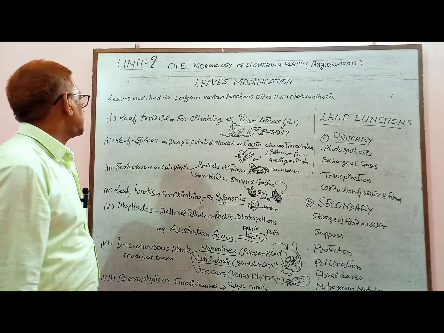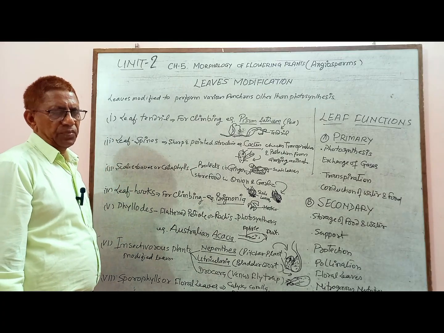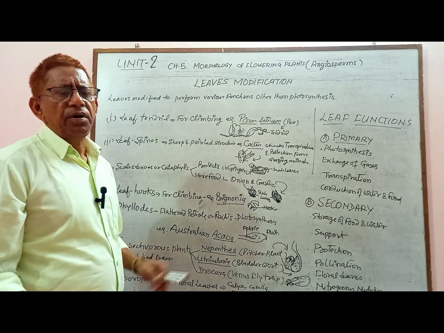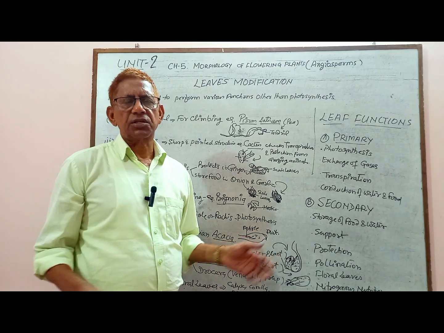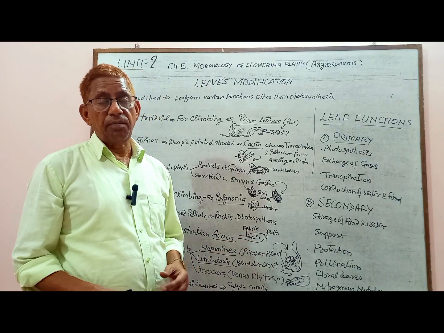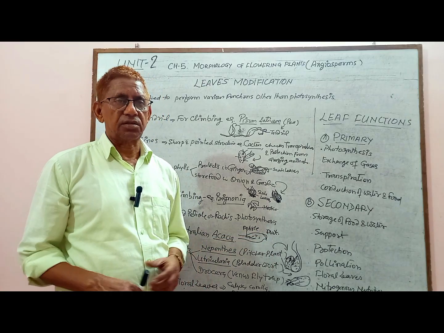Then the second option is the leaf spine. When we were discussing the general structure of the leaf, the favorable condition is not always present.